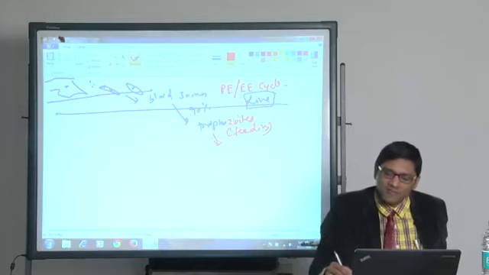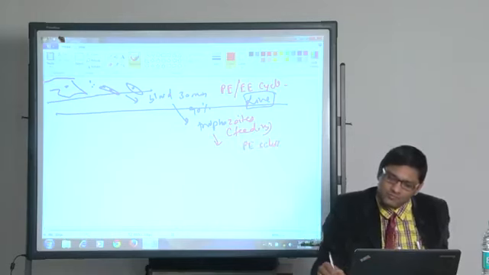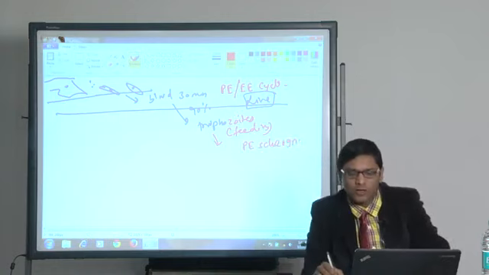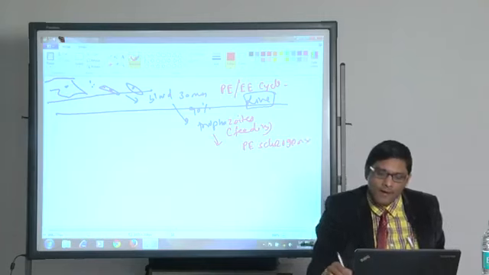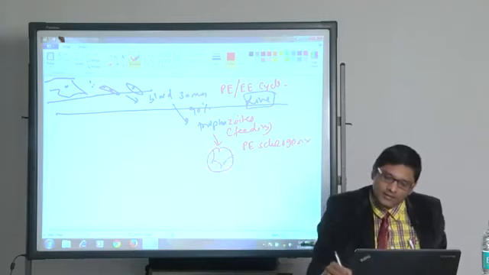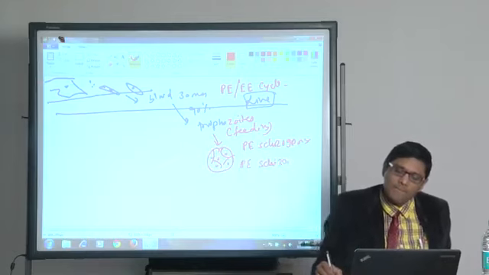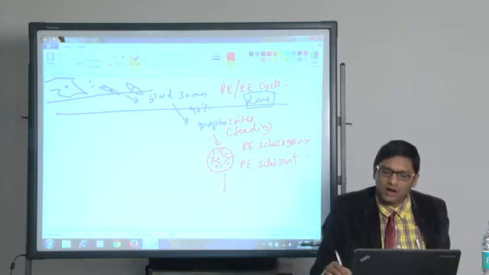After some time they divide by pre-erythrocytic schizogony to produce a pre-erythrocytic schizont.